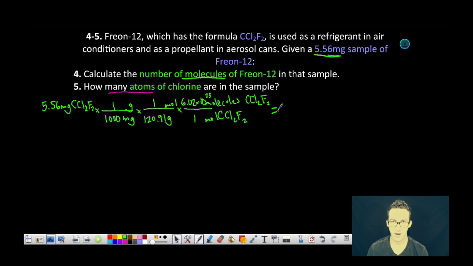So if we bust out our calculator, we should notice that all of our units will cancel out except for molecules of CCl2F2. And when we put that in a calculator, we get 2.77 times 10 to the 19 molecules of CCl2F2.